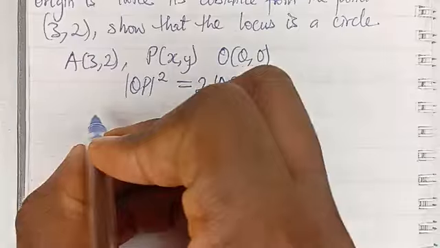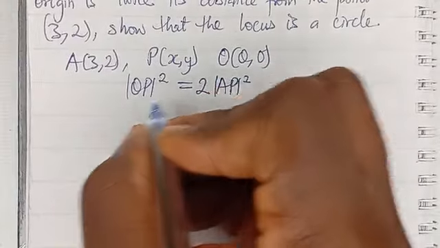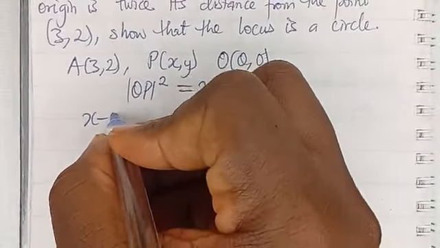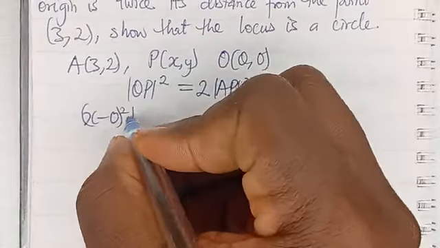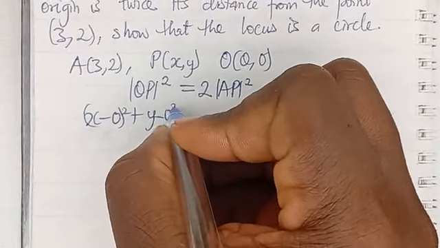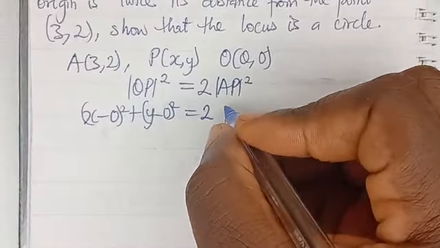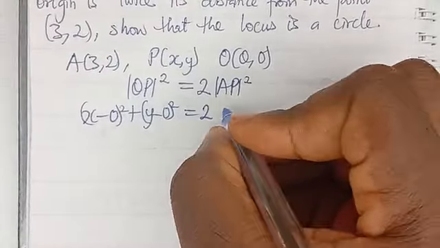Now the distance OP: the square root of (x minus 0) squared plus (y minus 0) squared is equal to 2 of, now let's have this bracket that represents this distance, the square root of (x minus 3) squared plus (y minus 2) squared.